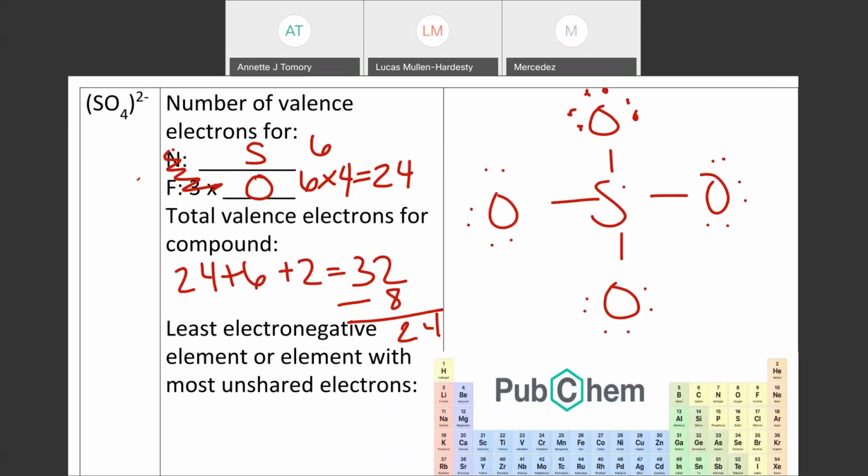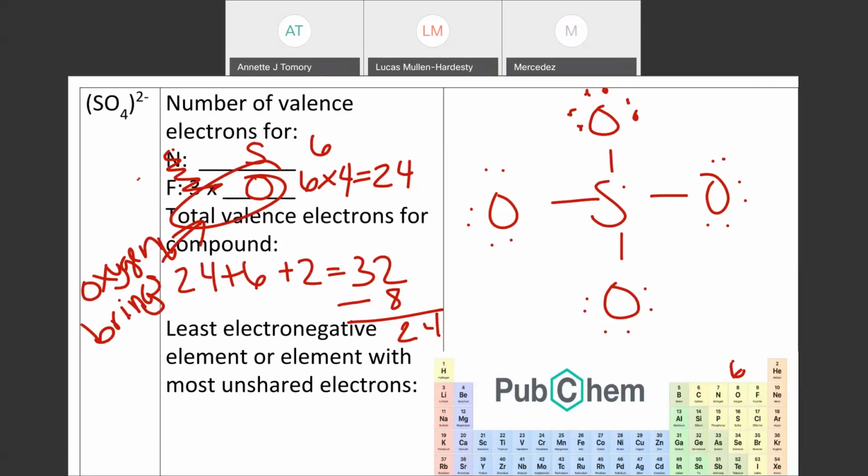So if we look at oxygen, how much is oxygen getting into the structure? 6. Oxygen is bringing in 6. So it brings 6 to the party. That's how we got the total valence electrons.